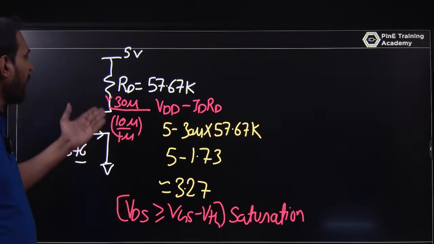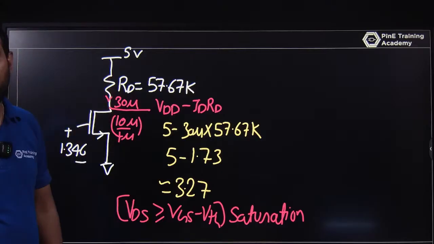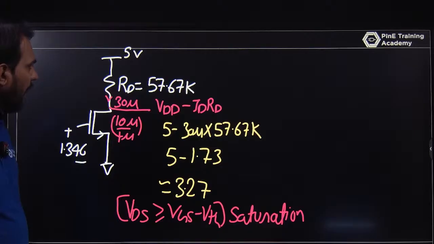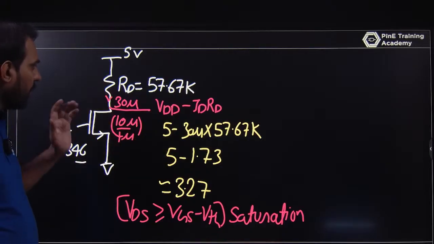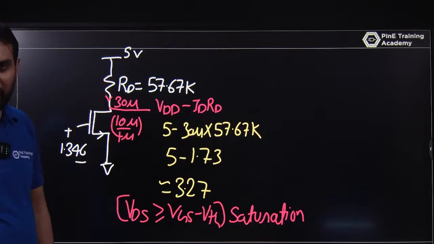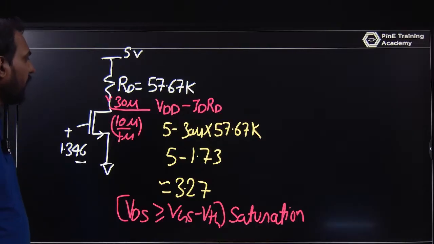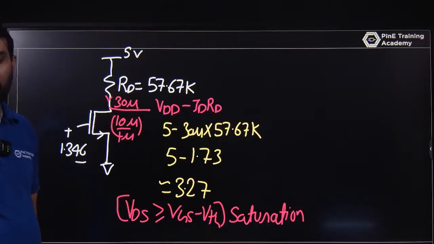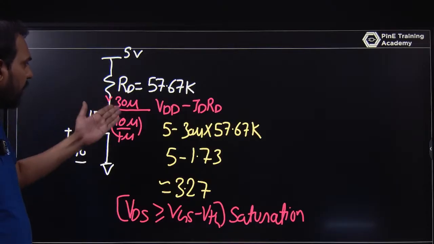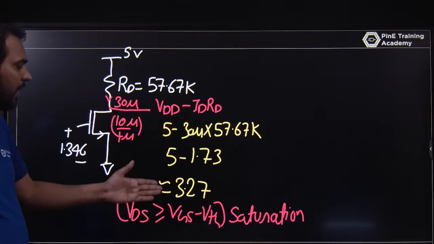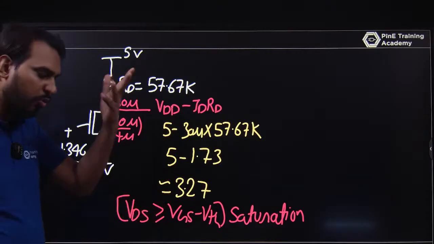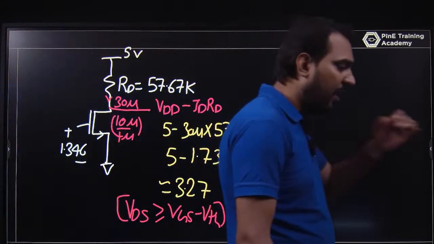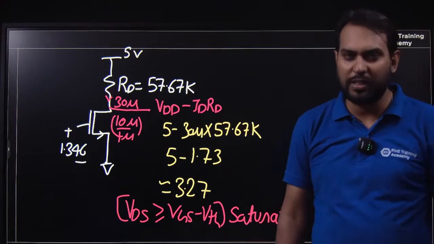On the basis of that you will define the voltage drop across RD, and that will be 1.73. The voltage drop is 1.73 if the current is 30 micro and RD is 57.67. So Vout is VDD minus IDRD, and VDS is very far away from VGS minus VTH. I am very sure the MOSFET is in saturation region.